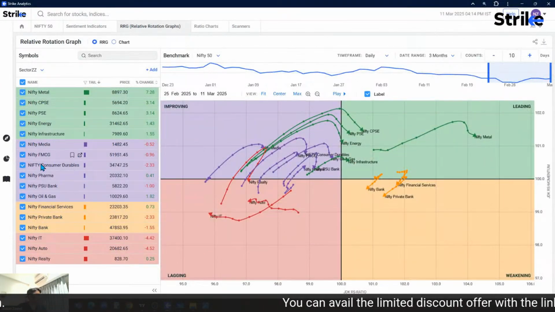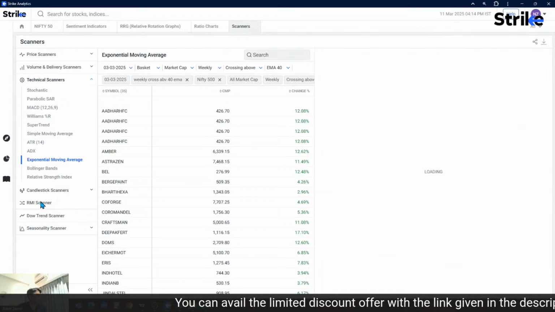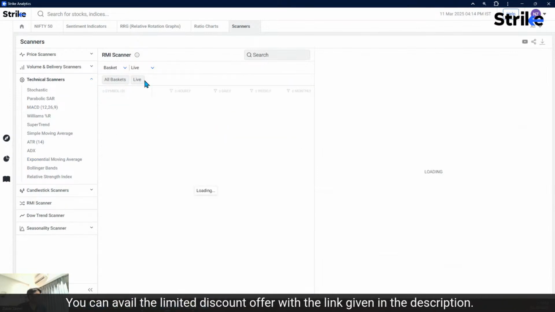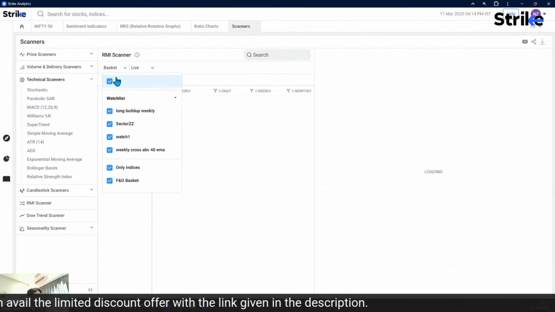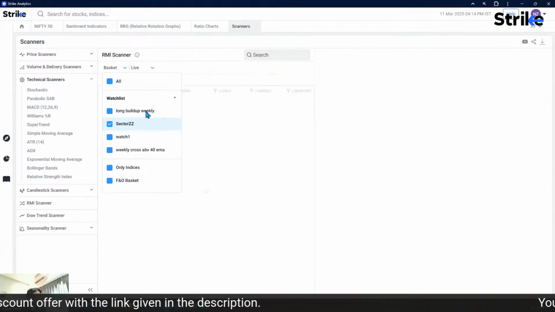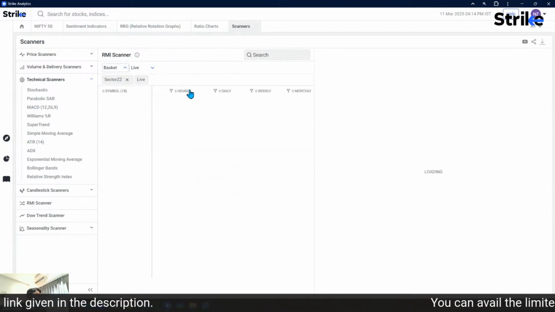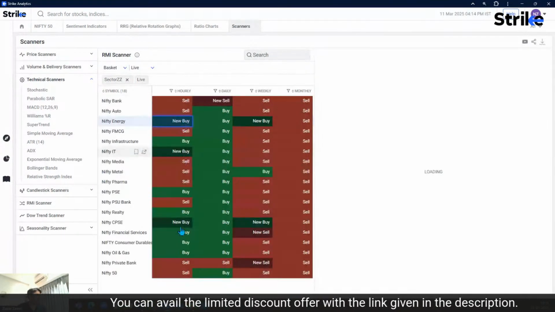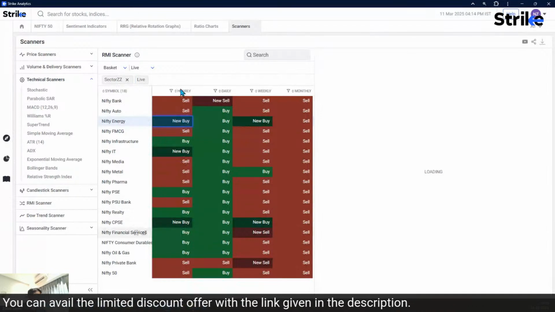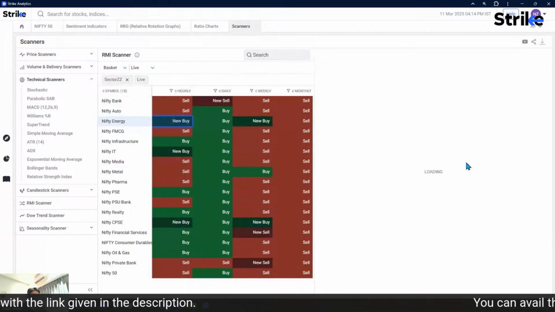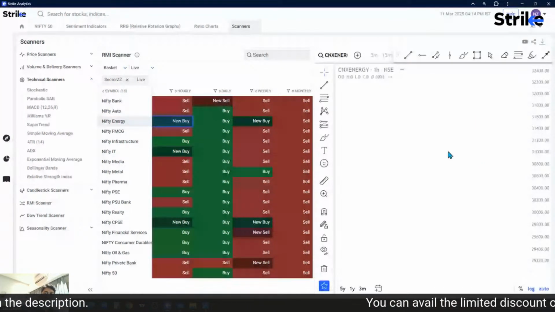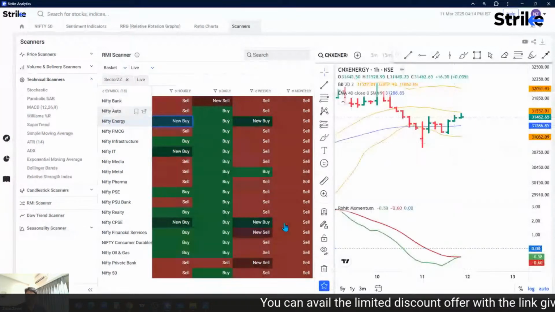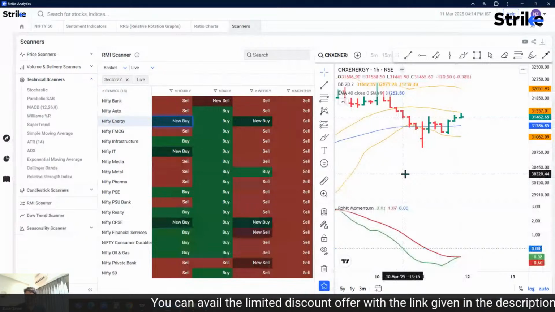In the scanner we have the RMI section over here, and in the RMI section, I'll select the sector. And in the sector, here you go, energy is in a new buy mode. Energy, IT, and CPSE are in the new buy mode on the hourly time frame chart. And very quickly, the chart will also get loaded over here. So yes, this is a scanner for RMI.